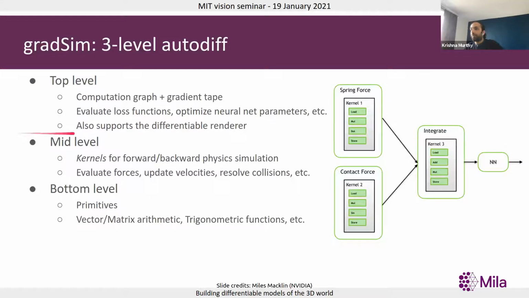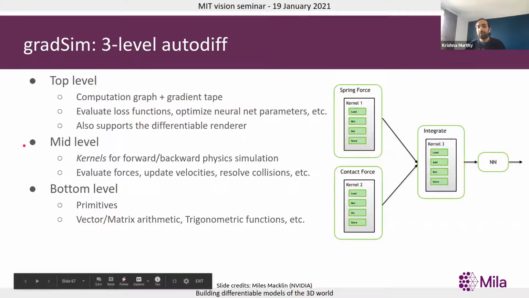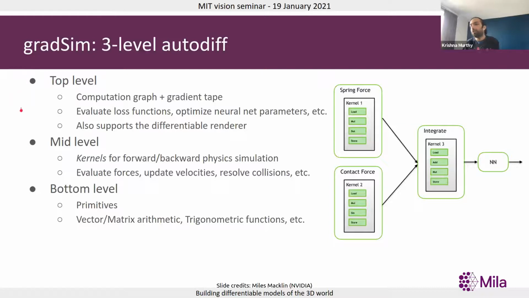Perhaps the key difference between a framework like Diff Taichi and GradSim is that we have a top-level autodiff, which is basically the PyTorch autodiff framework. We have an interface that translates all of these mid and bottom level kernels to PyTorch autograd functions, and you can use the bottom and mid levels of the autodiff framework with PyTorch neural nets.